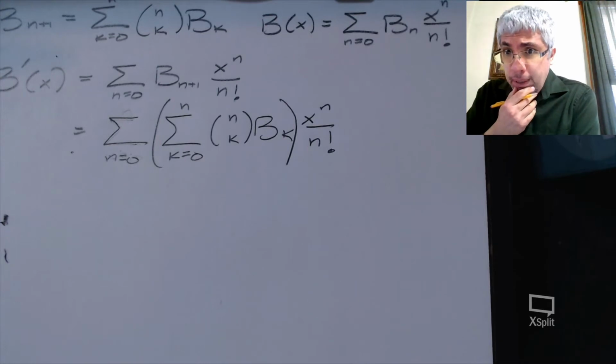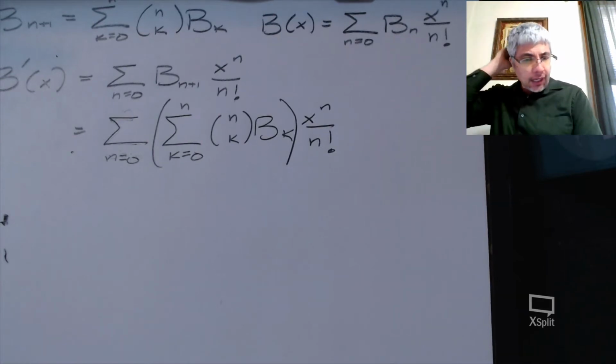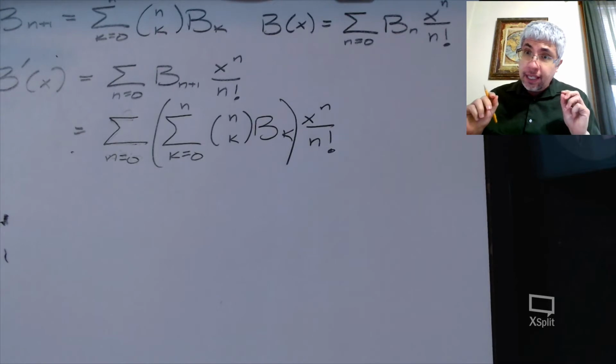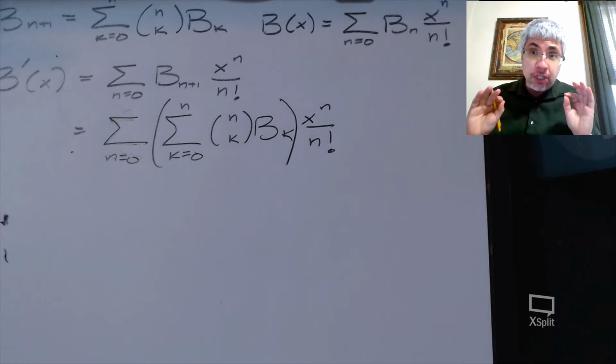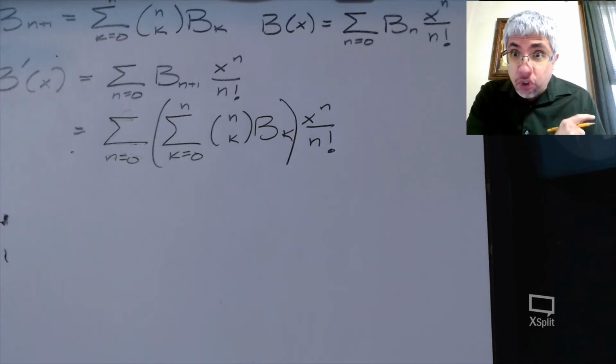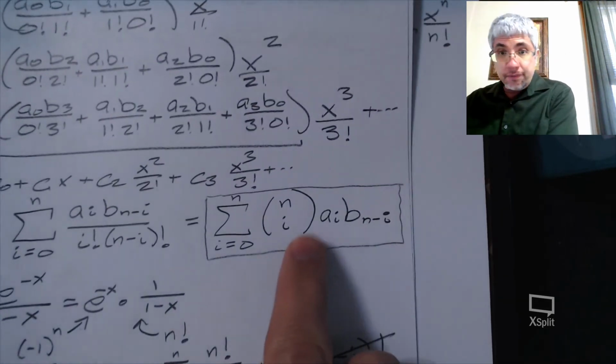Now, if you remember before, we actually had a way of recognizing when an exponential generating function is a product. As a matter of fact, let me just grab that page right here.